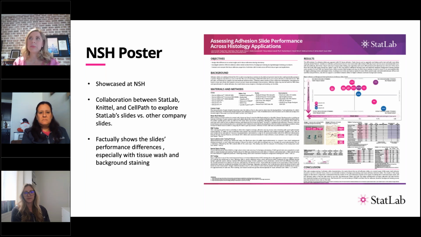We saw the biggest differences in adhesion, slide performance with IHC, tissue wash, and background staining. And no surprise, when we did that poll earlier today, that's exactly what you said too. Tissue wash, background staining, two biggest concerns. Well, we're here to tell you there's a reason why. So next slide.